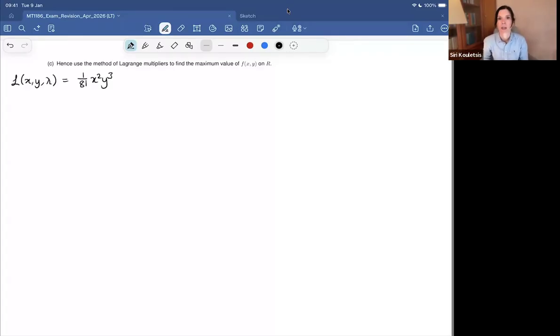In this instance, we are looking for the maximum, but we write down the expression for the function f first. And then we write minus lambda. We arrange the constraint x plus 2y equals 15 in the form x plus 2y minus 15 equals 0, and we write x plus 2y minus 15 here.